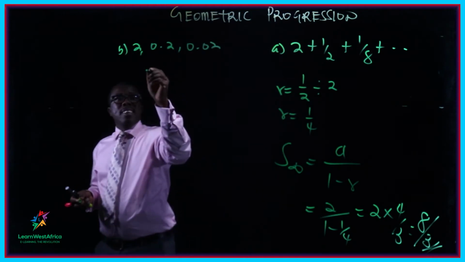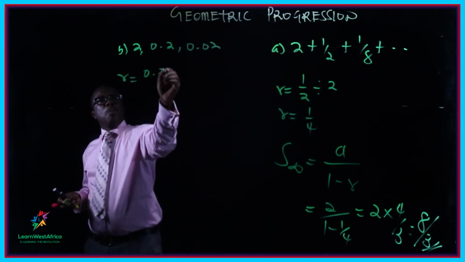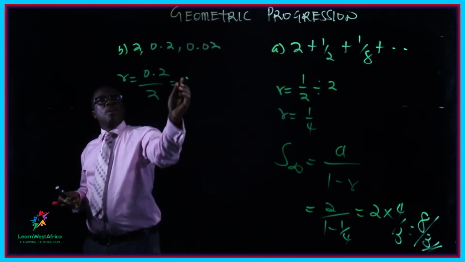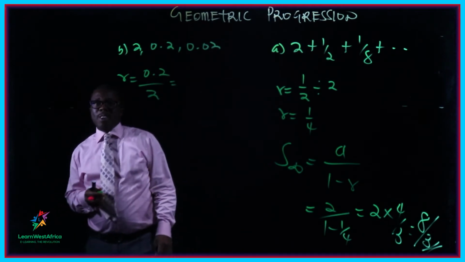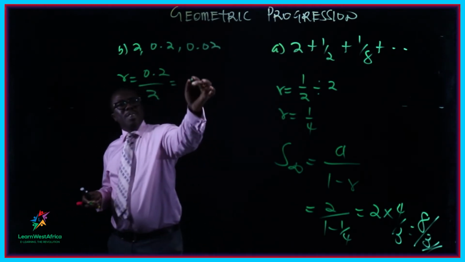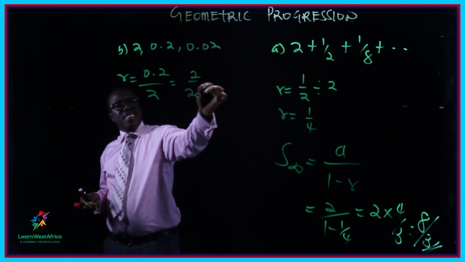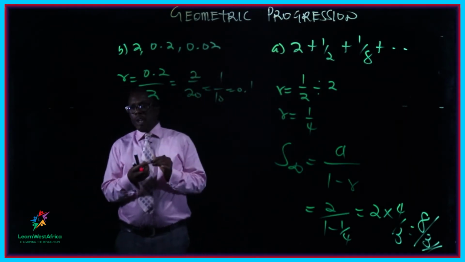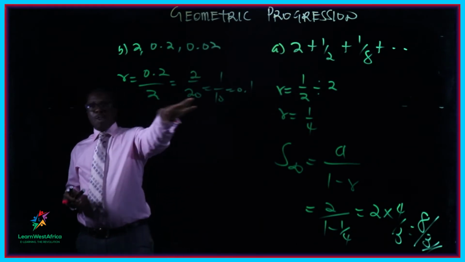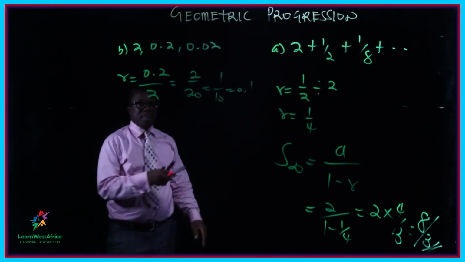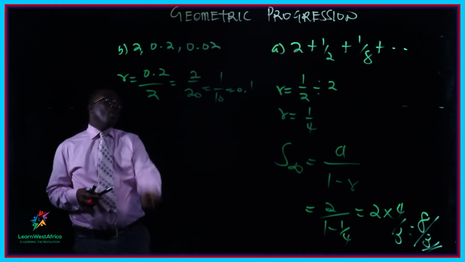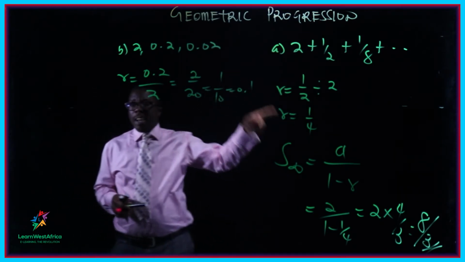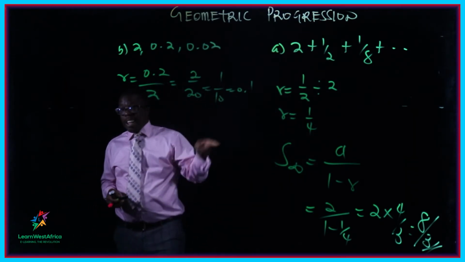Likewise, your r should give you 0.2 over 2. So this should give you 2 over 20, that is 1/10, and that is 0.1. I know you remember that from your basic mathematics, number manipulation. So your common ratio is 0.1, and 0.1 is less than 1.